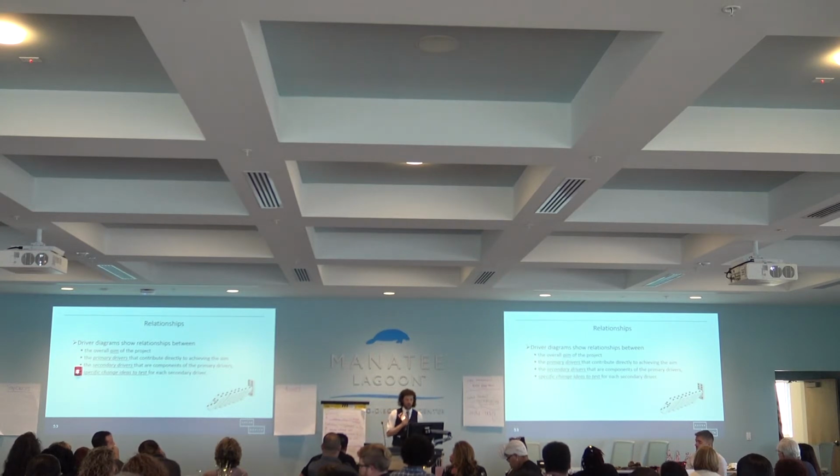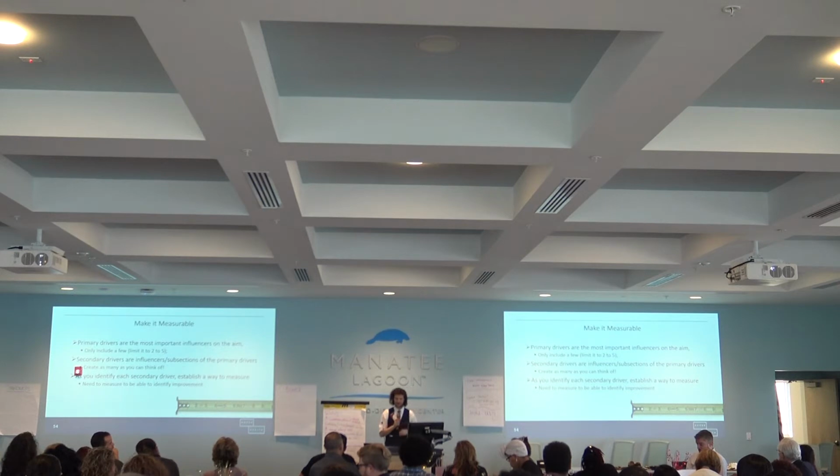It's all about relationships. We want to know the overall aim of the project, and then how we can achieve this aim in a broad stroke sense, but then more specifically, narrowing down individual things that feed into that broader sense. Then finally, we can come up with change ideas that are tied to each of those secondary causes.